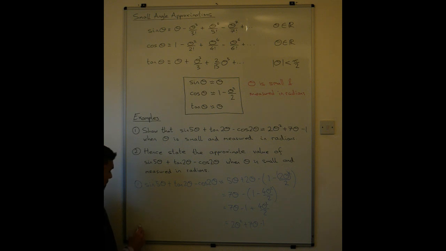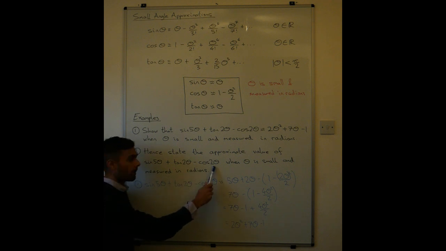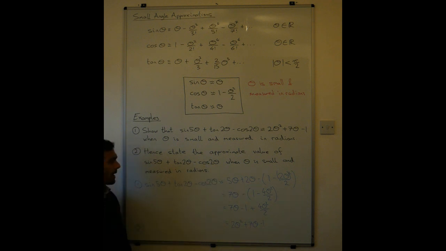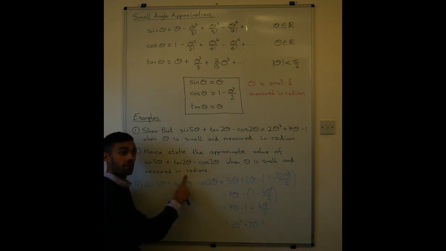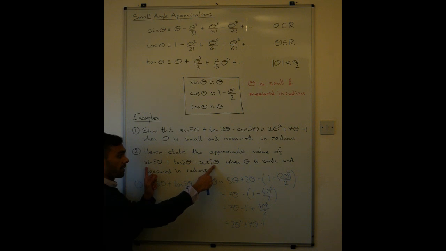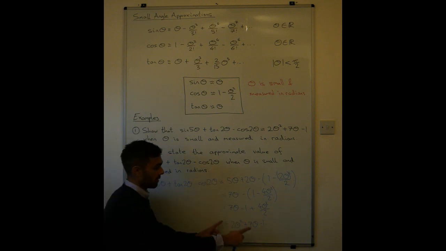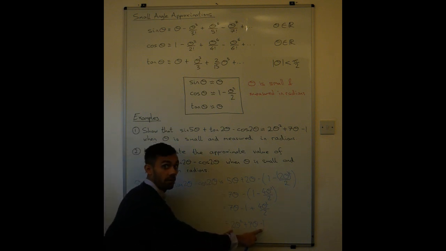All right, question 2. This won't take us 2 seconds. Hence state the approximate value of this expression when theta is small and measured in radians. Okay, well, if theta is small and measured in radians, this here can be approximated by this. So that's really what we're dealing with.